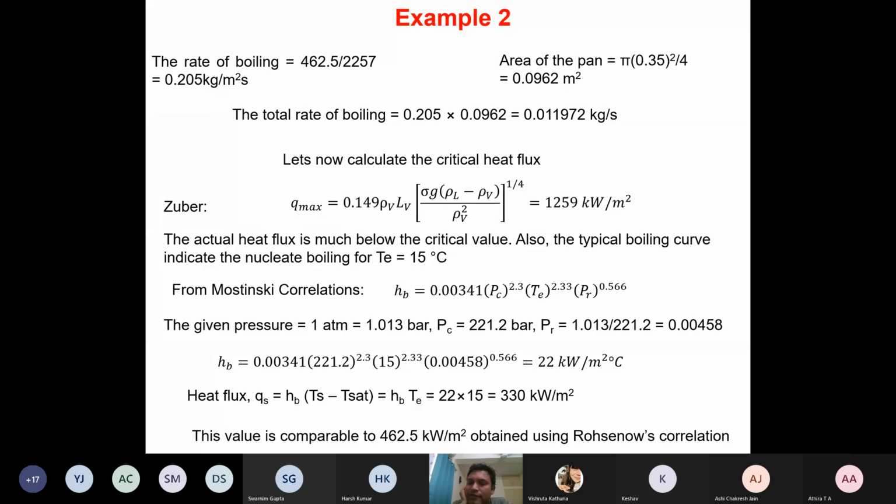That is what you are going to get. Correct? Is it all right? Is it clear? So this comes around, I think, 43 kg per hour is going to be the rate of vaporization, the total rate of boiling.